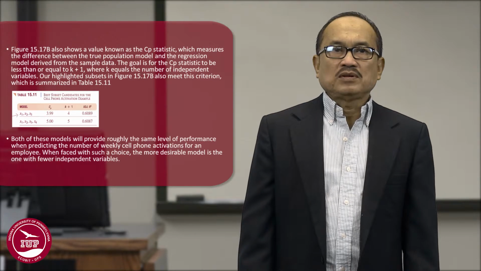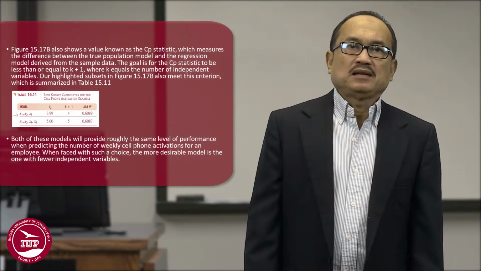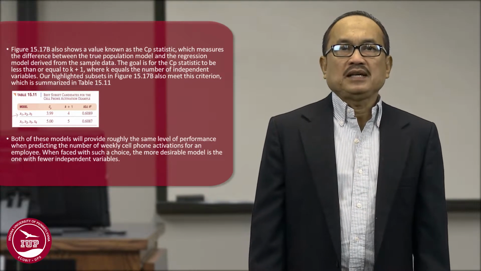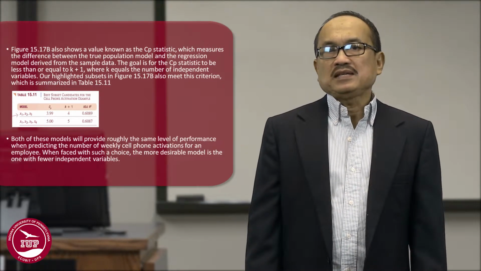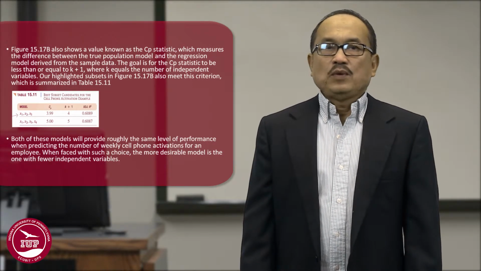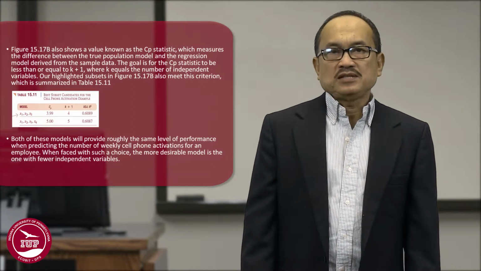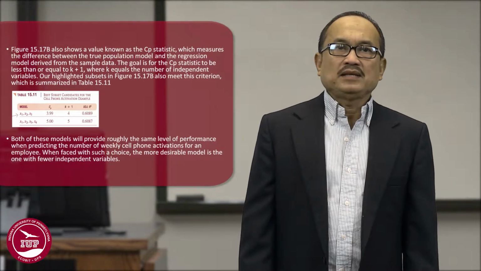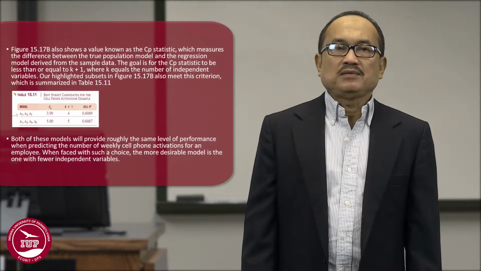Both of these models will provide roughly the same level of performance when predicting the number of weekly cell phone activation for an employee. When faced with such a choice, the more desirable model is the one with fewer independent variables.